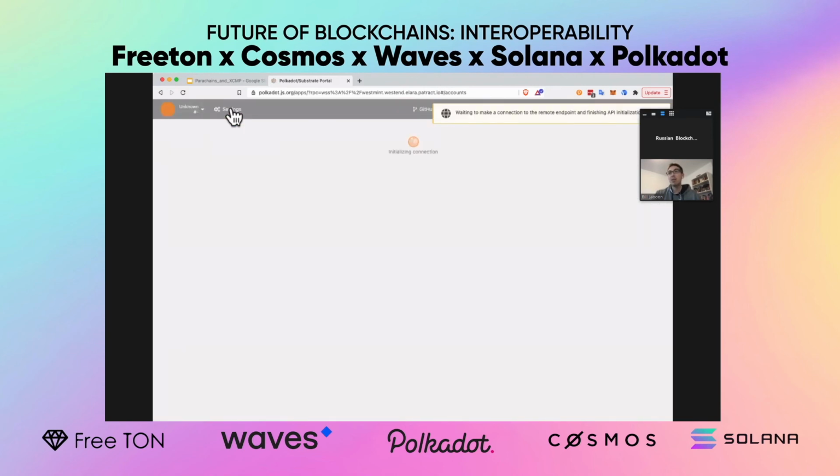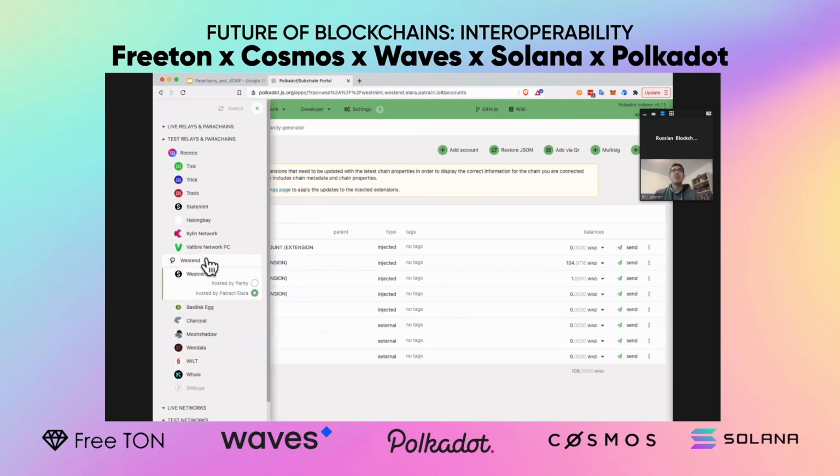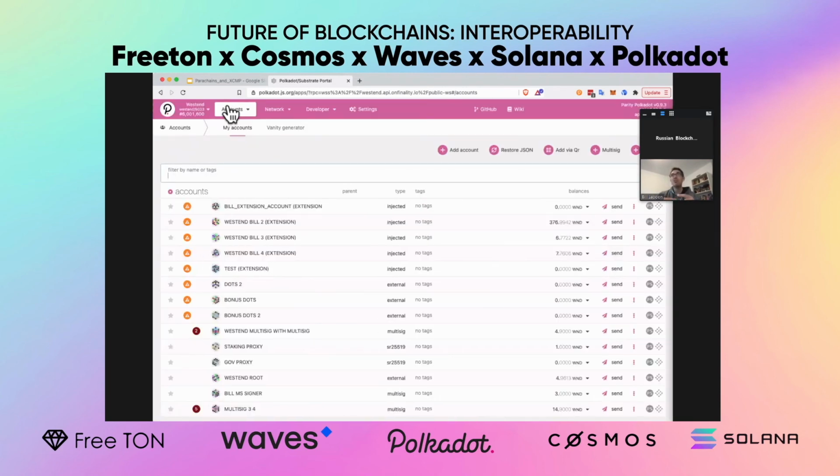Westmint is a parachain, so you can think of it as one of those green or red chains here. You can see on this chain, my same account has 104 Westies. So let me go back to Westend, and I'm going to send a message that proves that I reduced my number of Westies on this account, and thus I can increase them by that same amount on the parachain.